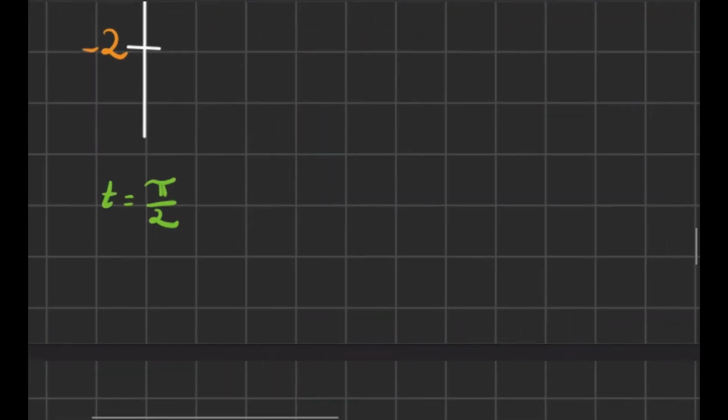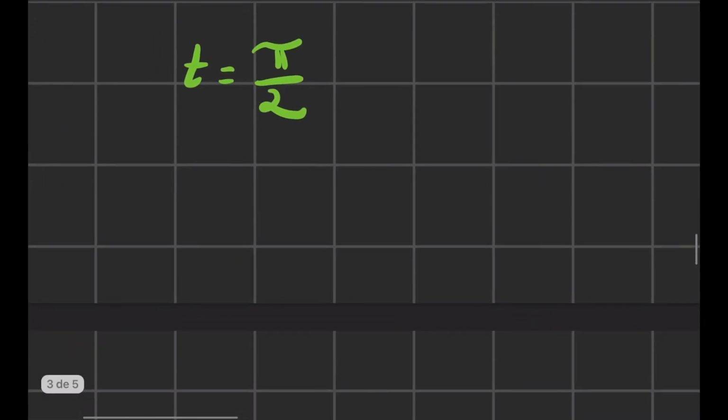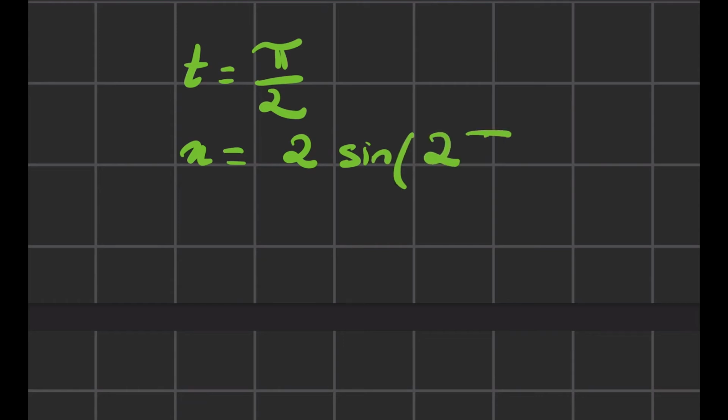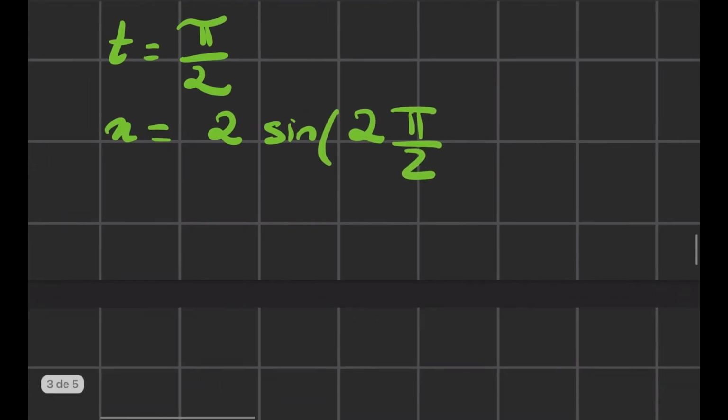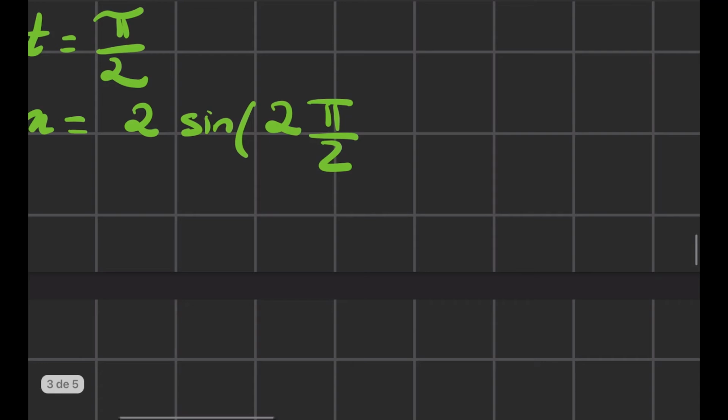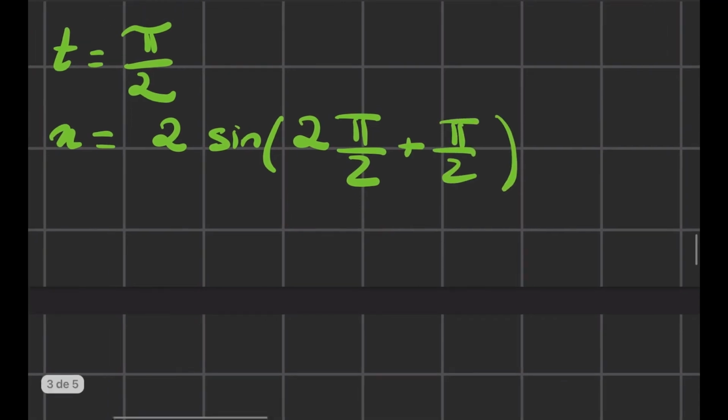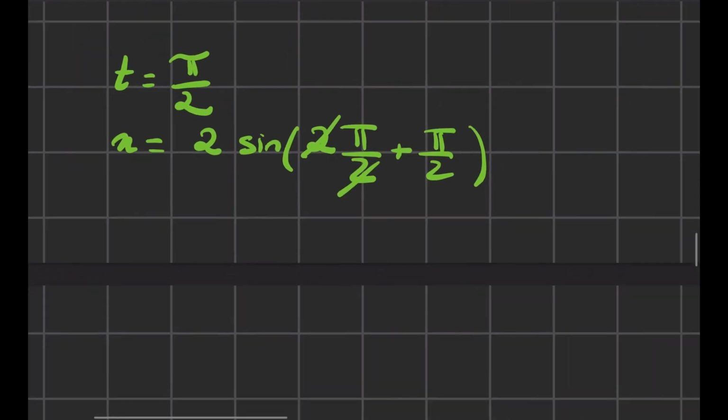Let's change the color. For t equals pi over 2, x would be 2 sine(2 times pi over 2 plus pi over 2).